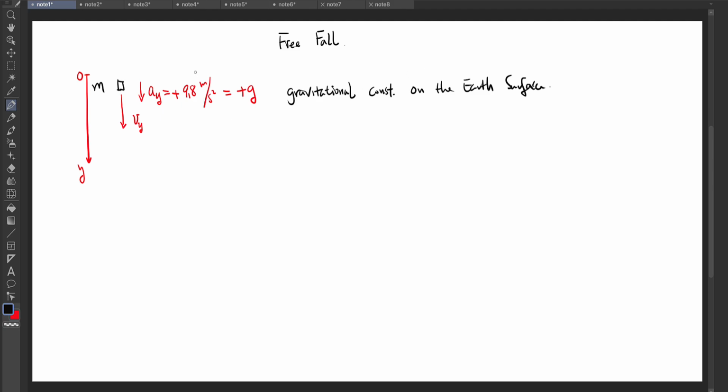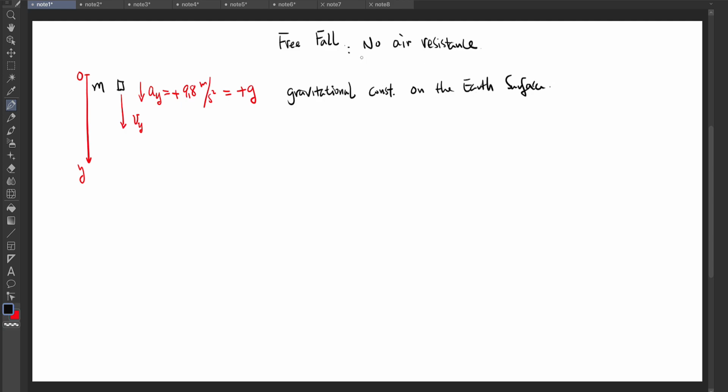Okay, so again, this value means there's no air resistance. But that is actually an ideal situation. We'll talk about the actual situation, where there's air resistance, in a later part of the video.